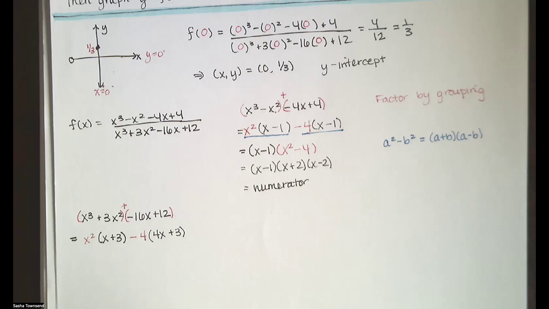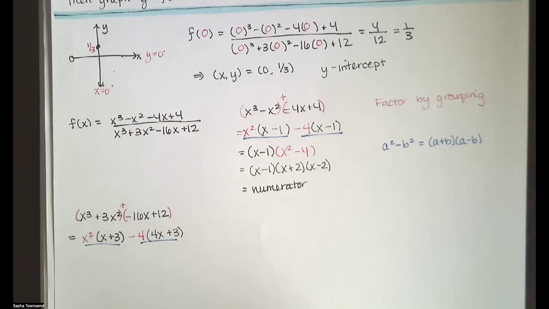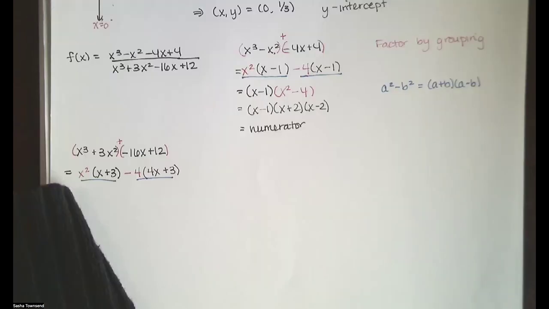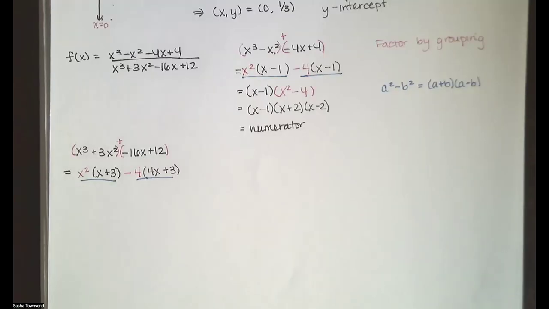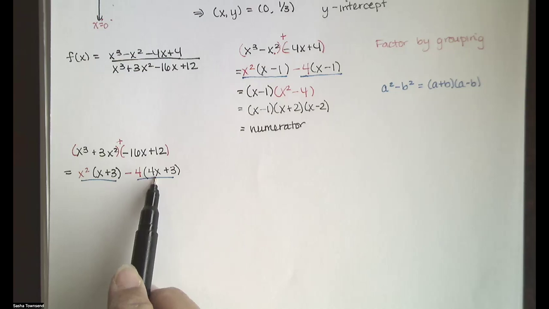So I'd say, uh-oh, I don't think factoring by grouping is going to work this time. After you do that, you look at this expression and this expression, and you say, do they have anything in common? And they don't. You might be tempted to think, oh, there's an x plus 3 there, but this is actually a 4x plus 3. So that's going to be a bit of a problem. So it looks like with that choice of grouping, this expression doesn't factor by grouping.